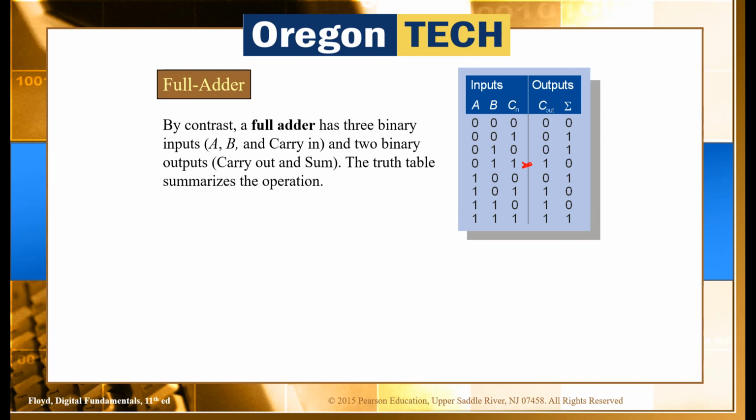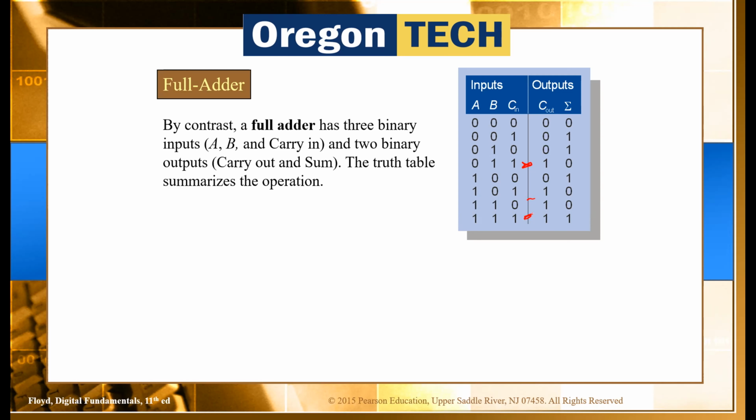I have 1 plus 1, that is 2. So I have summation 0 and carry 1. I have another one similar to it here, 1, 0, 1. I have two ones. So I have 0, 1. This is the same also. And this is the last one.